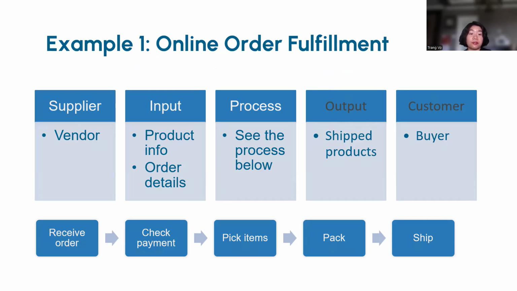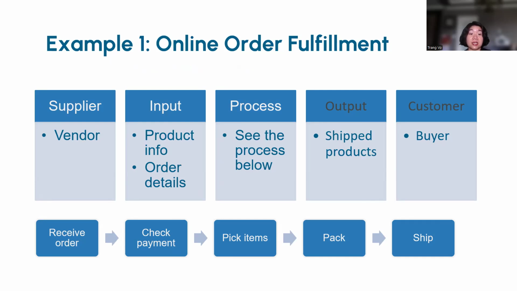So let's walk through a real example. Let's say online shopping. For example, if you go on a website and order a pair of shoes, the supplier is the vendor or the warehouse system. The input is your order and the product information.